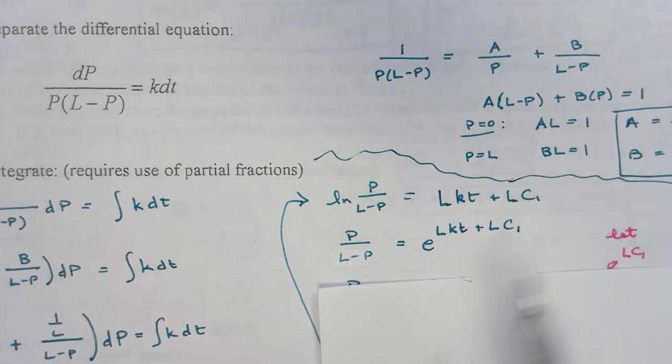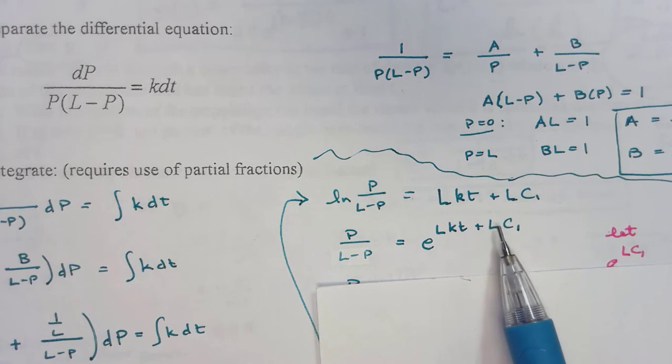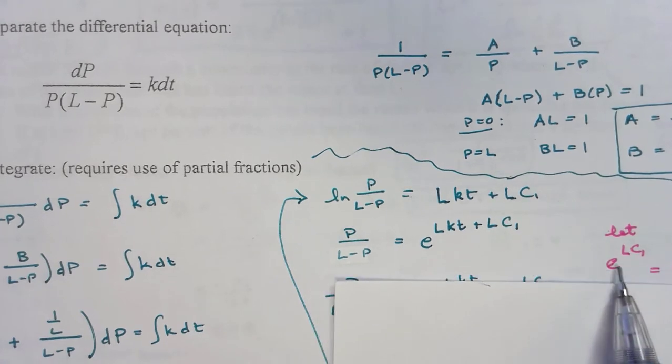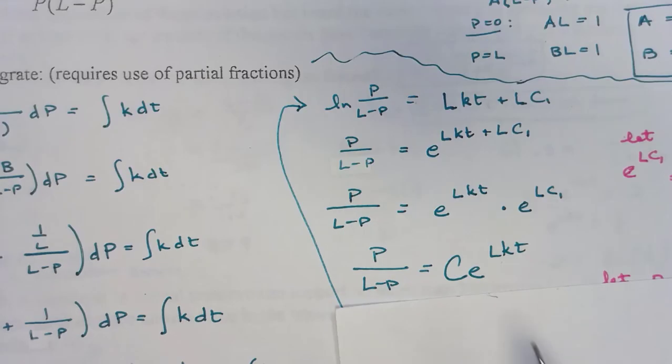Now, we know what this looks like. e to the LKT plus LC1 really means e to the LC1 is going to be called C. So what I have here is P over L minus P equals e to the LKT times e to the LC1, or P over L minus P equals C e to the LKT.